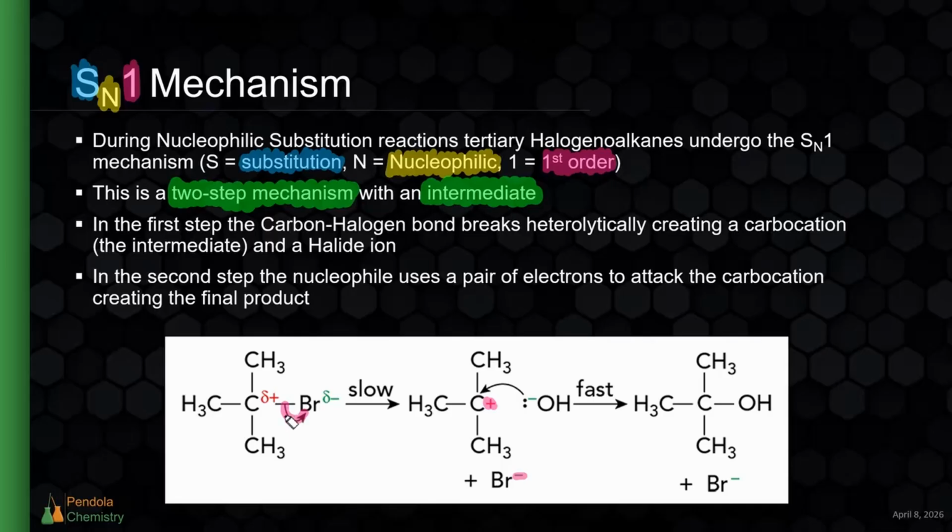Because that carbon loses a bond, it is now positively charged. So we go from a tertiary halogenoalkane to a tertiary carbocation.